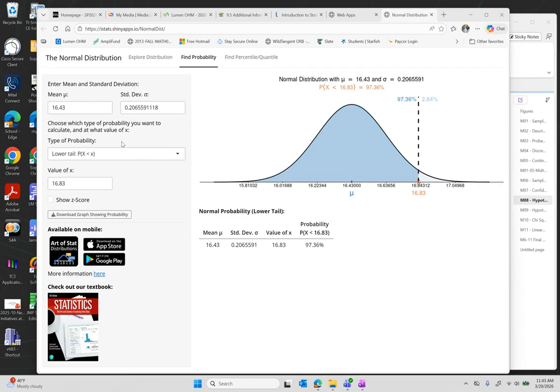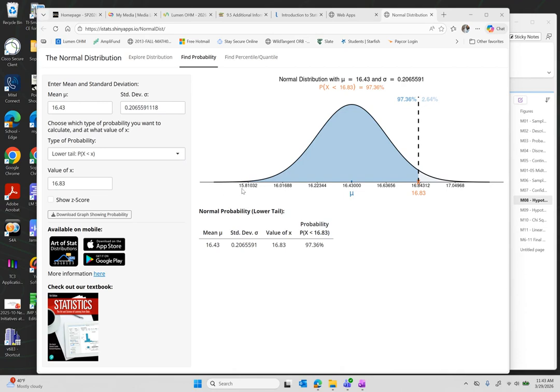So I went here in Art of Stat, I set the mean to be 16.43. I set the standard deviation to be the decimal approximation I found in my calculator. And before I start doing the test here, I want to just copy this graph and the values here in the bottom for the sample mean.